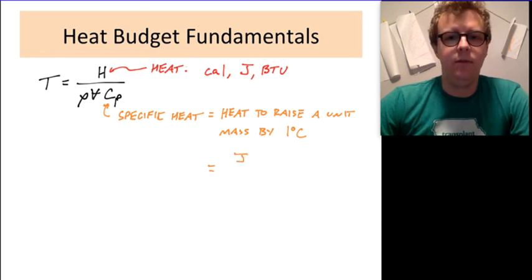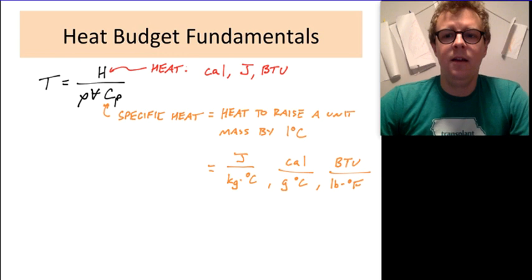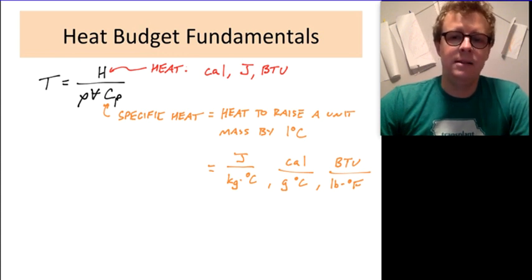Let's take a look at a few different materials on the next slide and see what this is going to look like. Typical units for specific heat might be joules per kilogram degree C, calories per gram per degree C, and so forth. So you've got a heat on the top, you've got a per mass per degree C on the bottom.